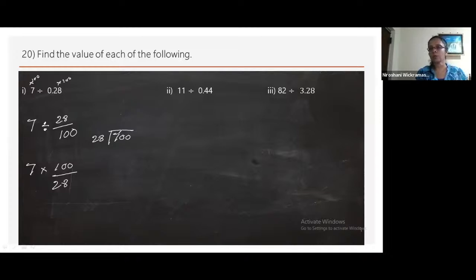Now you know how to do long division, right? 700, how many 28s are there? 2. 2 times 8, 16, 1 remaining, 2 times 2, 4 and 1, 5, so 56. 70 subtract 56, 14, then 140. 140, how many 28s are there?